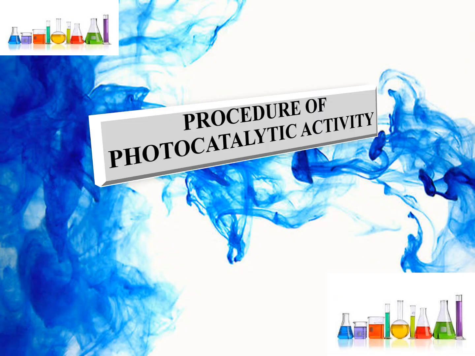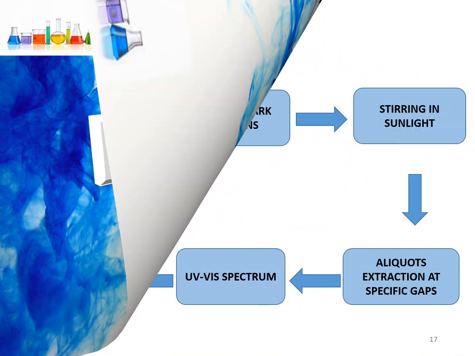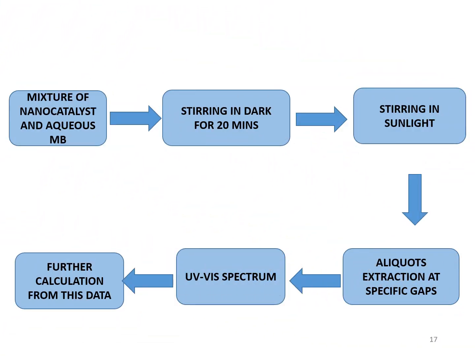These nanoparticles have been applied for photocatalytic activity. In photocatalytic activity, we use a dye. For example, in this case, we use methylene blue, and the nanocatalyst and aqueous methylene blue are mixed together.